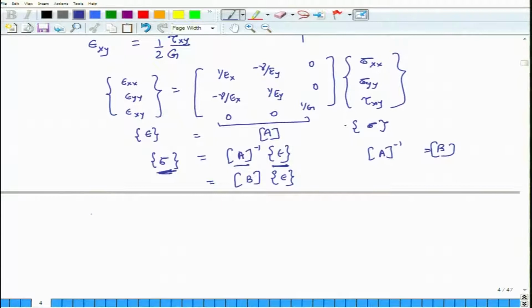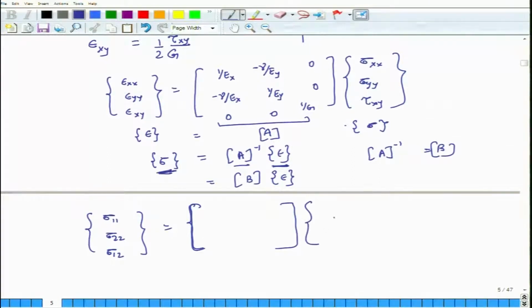Okay. So, in general I can write it as, now if x corresponds to the first direction, then sigma 1 1, sigma 2 2, sigma 1 2, right, is equal to this B matrix times epsilon 1 1, epsilon 2 2, epsilon 1 2, and let us number these.